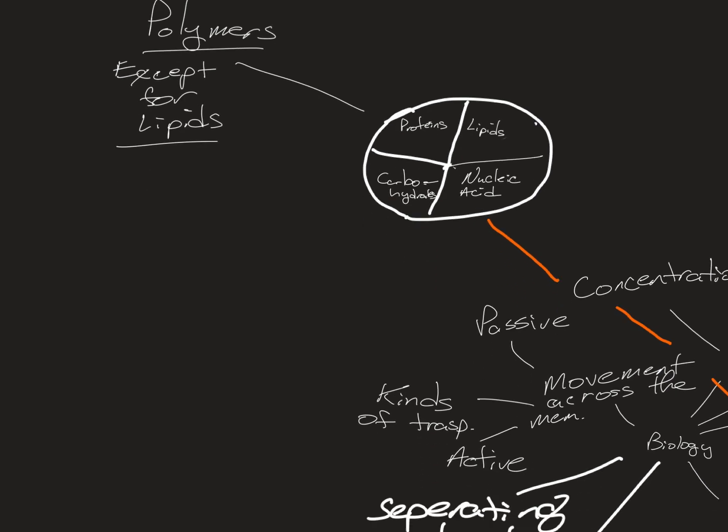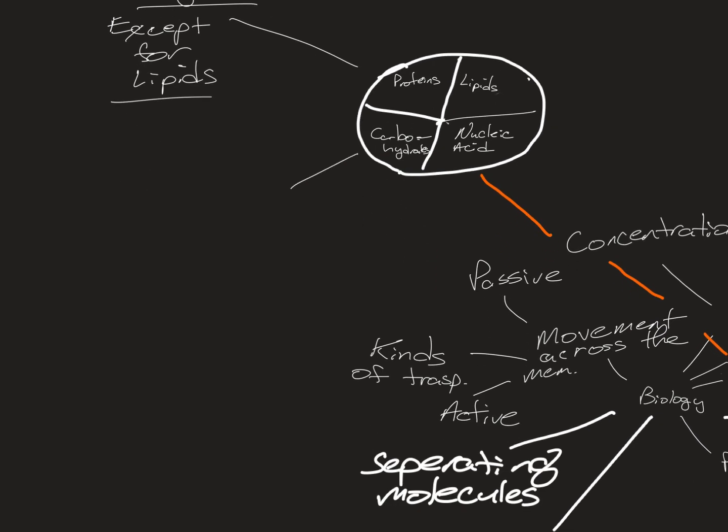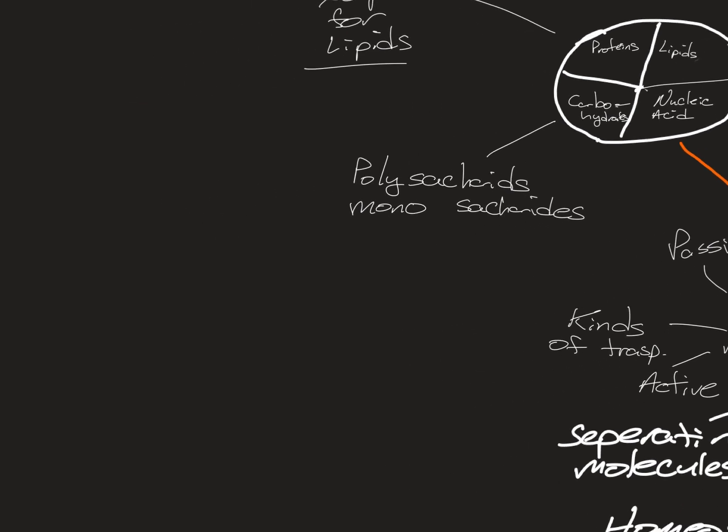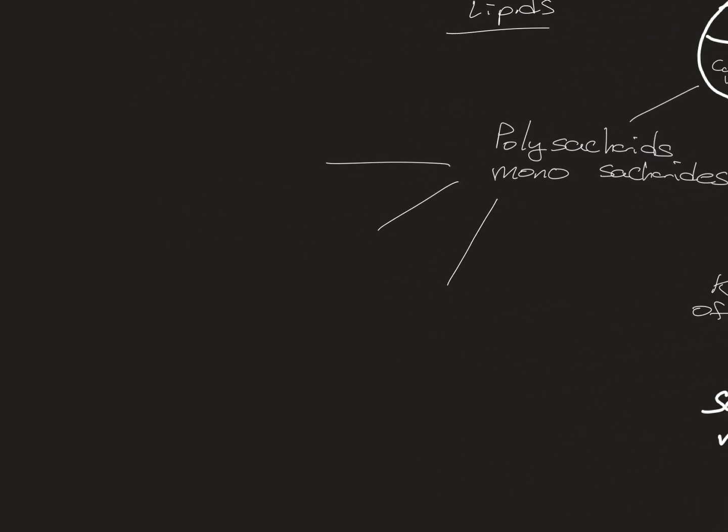We know that carbohydrates can have polysaccharides and monosaccharides. We talked about a bunch of different ones, but a few of the notable ones are with monosaccharides. Let me separate these lines.